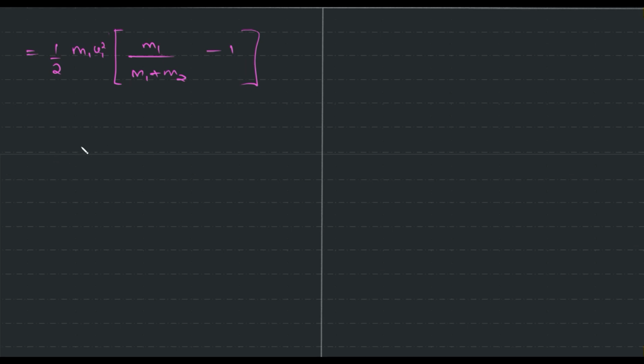So we have half of m1 u1 square. You're left out with minus m2 divided by m1 plus m2. So you can see that there is a negative sign indicating there is loss of kinetic energy. So this will be half of m1 m2 divided by m1 plus m2 times u1 square.